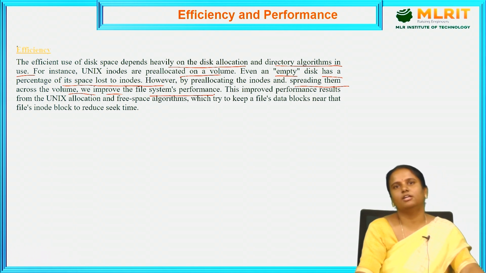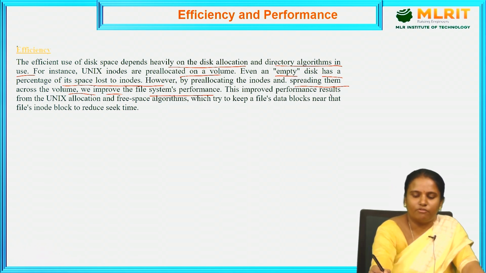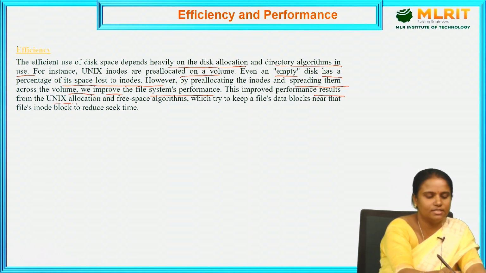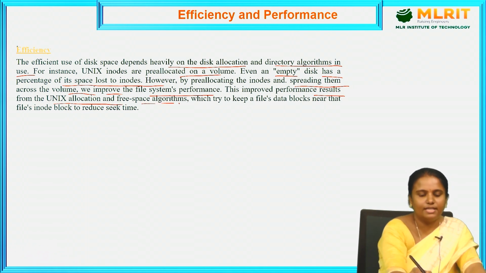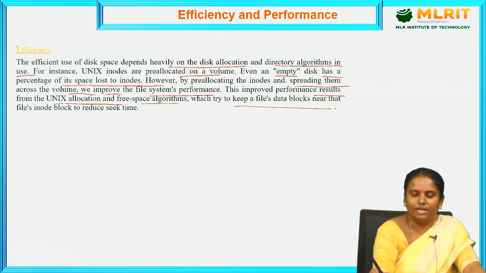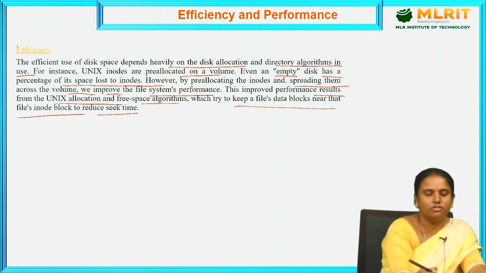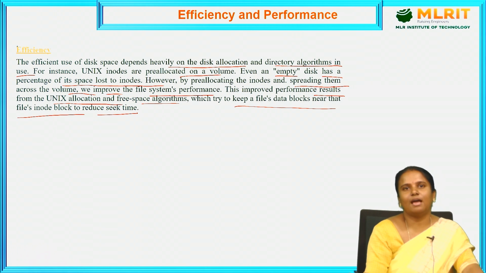The Unix allocation and free-space algorithms also try to keep the data blocks near that file's inode block to reduce the seek time. Seek time is the time taken to position the disk head for an allocation.